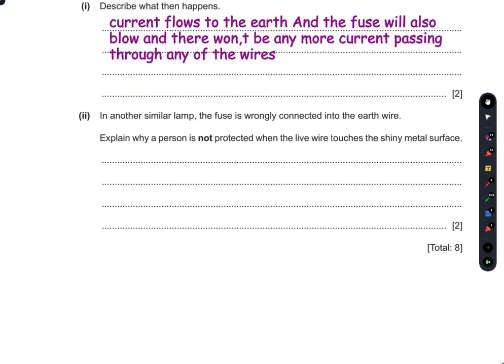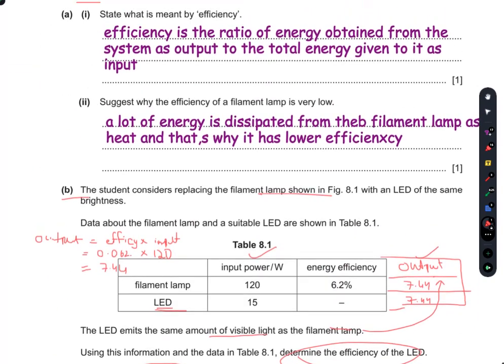So in another similar lamp, the fuse is wrongly connected into the earth wire. Explain why a person is not protected when the live wire touches a shiny metal surface. Now the fuse is wrongly connected to the earth wire.